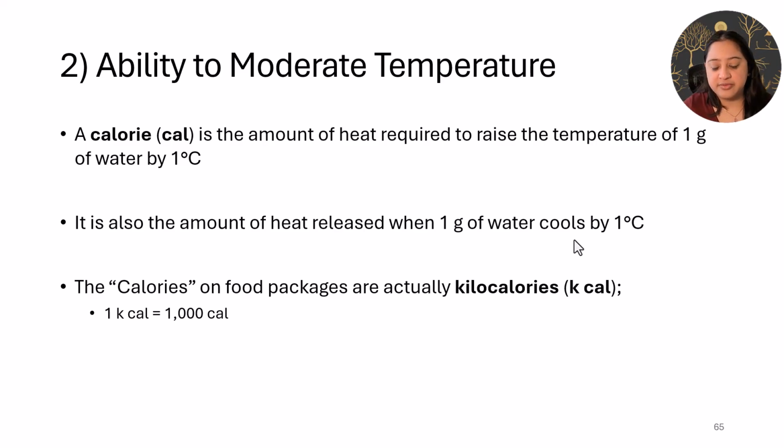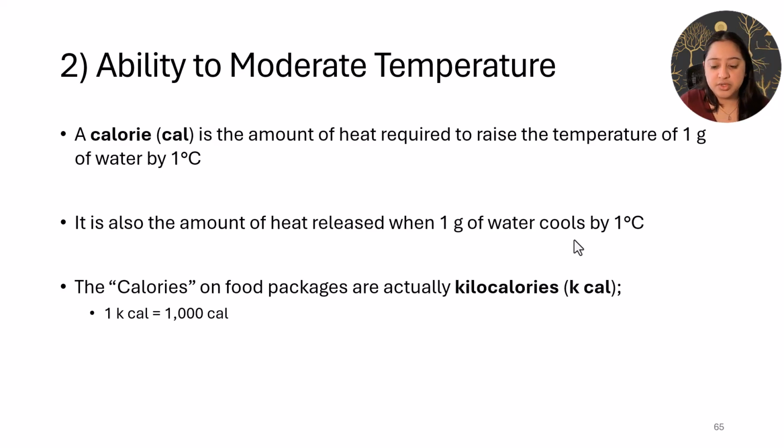And flipped around, it's also the amount of heat released when 1 gram of water cools by 1 degree Celsius. So calories are a measure of energy. And if that sounds familiar, it's because you've seen calories on food packages.